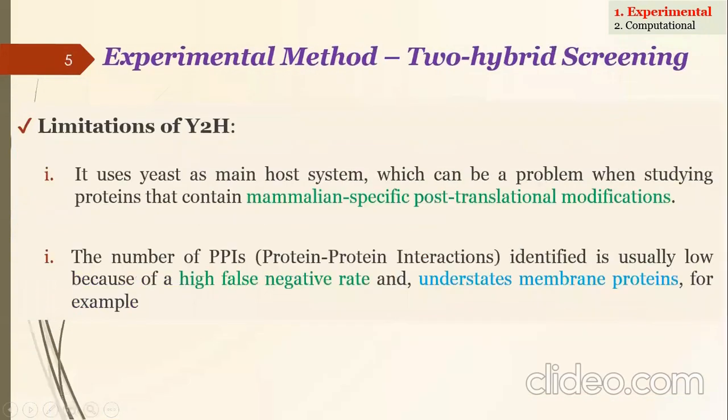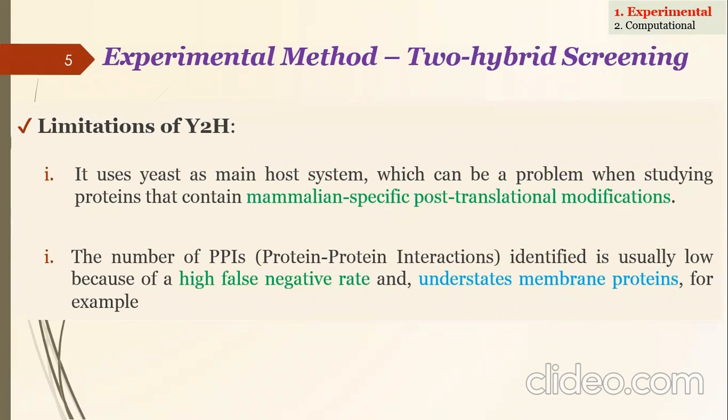So next, there are certain limitations of the yeast two-hybrid system. The limitation is that it uses yeast as the main system, which can be a problem when studying proteins that contain mammalian-specific post-translational modifications. If we have two human proteins, there will be specific post-translational modifications.